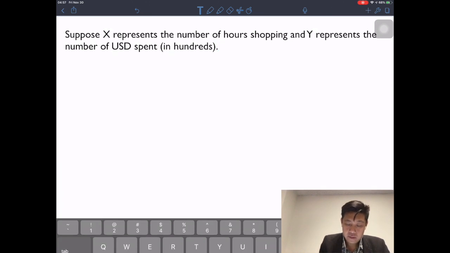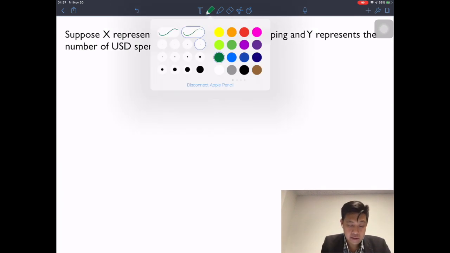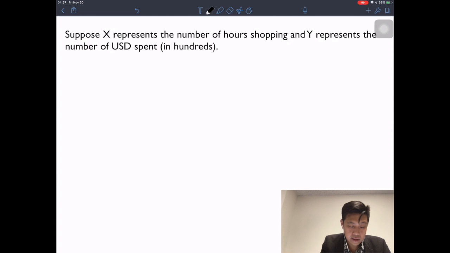And I'm going to list these data pieces in an XY chart. 1, 2, 3, 4, and 5. And then 1, 2, 1.3, 3.75, and 2.25.